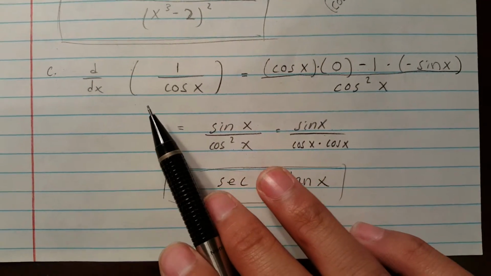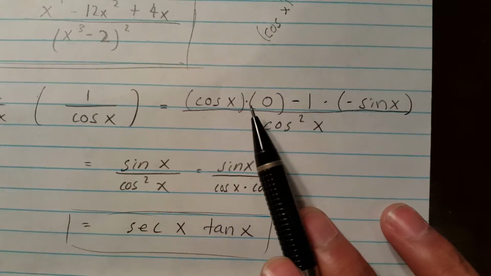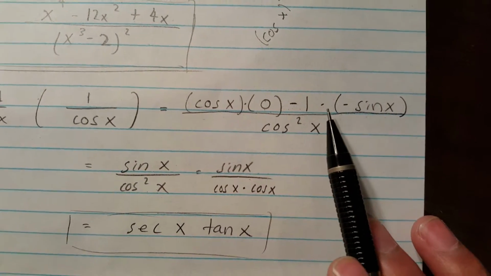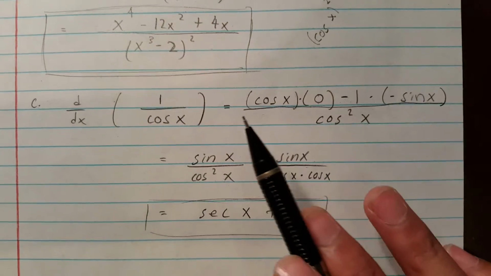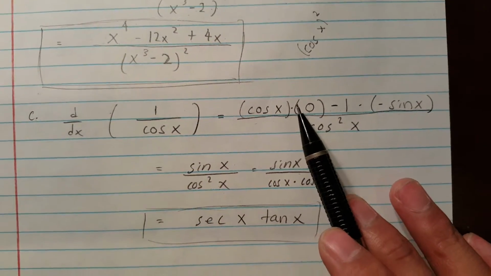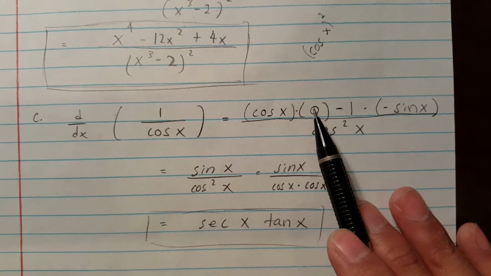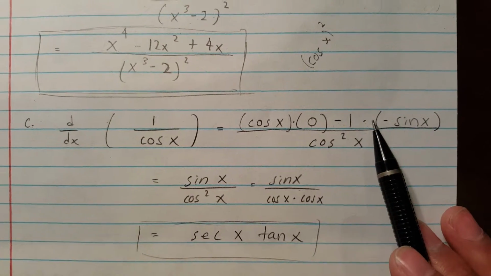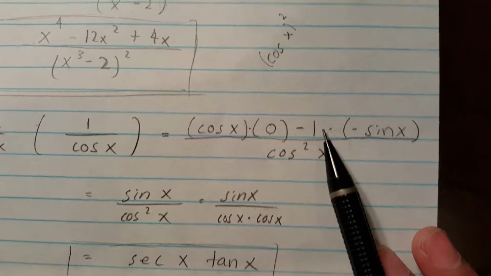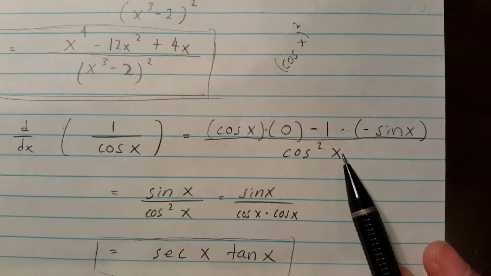So moving on to C. d over dx of 1 over cosine x is equal to cosine x times 0 minus 1 times negative sine x, over cosine squared x. Now, I am using the quotient rule again. Remember, bottom times d top minus top times d bottom over bottom squared.